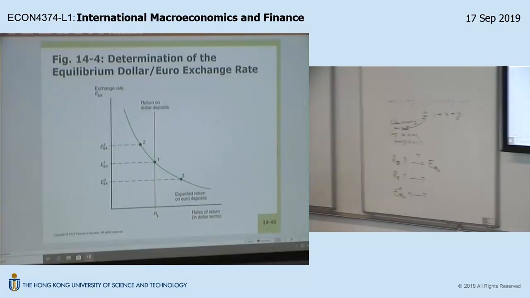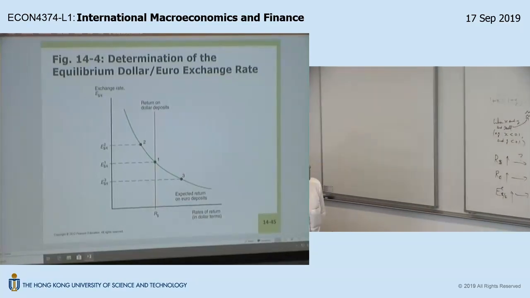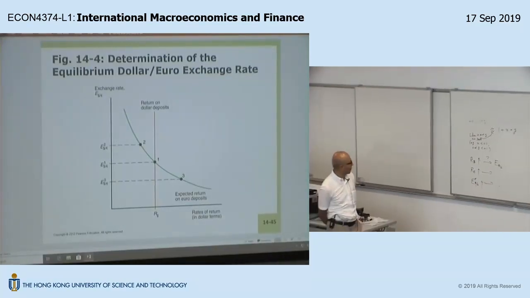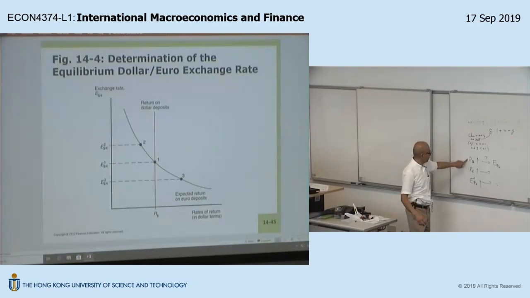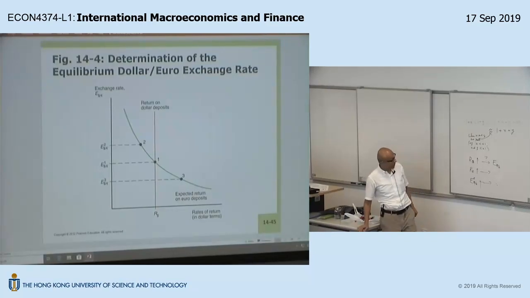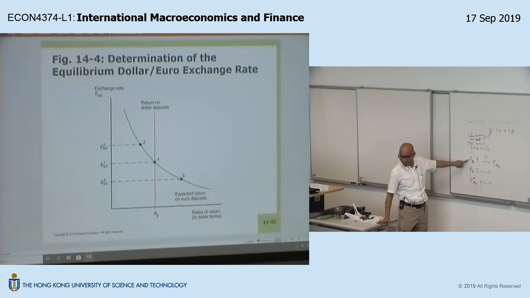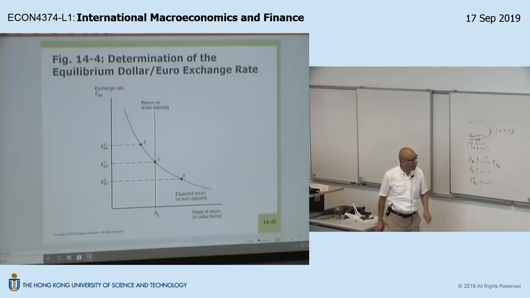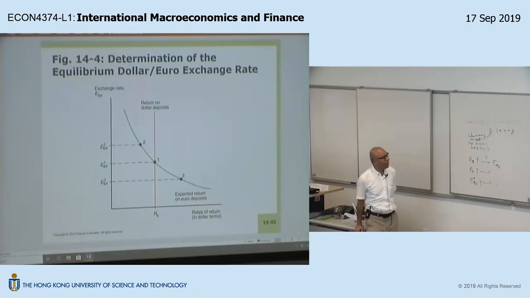The return on dollar deposits shifts. So this increases, okay? Which curve shifts? The orange curve will shift to the left. This rises, oh, to the right, to the right. Okay, and so what happens to E? It will decrease, right? E will fall.